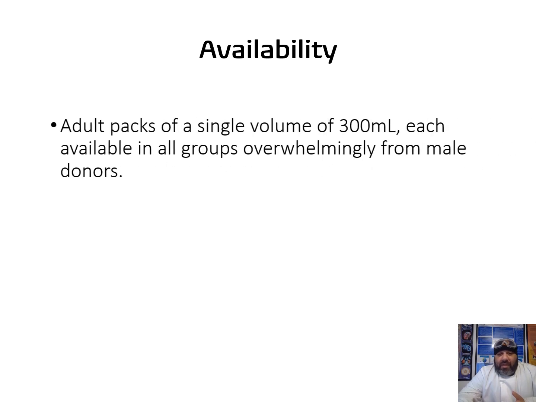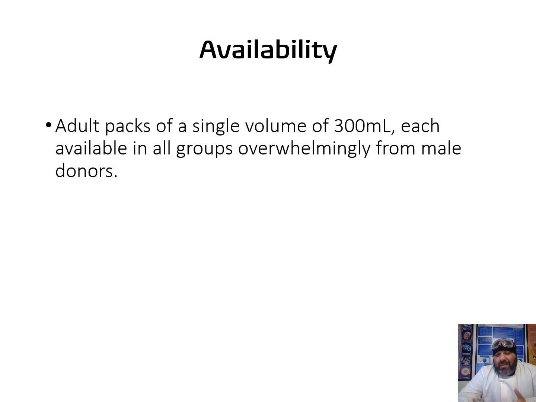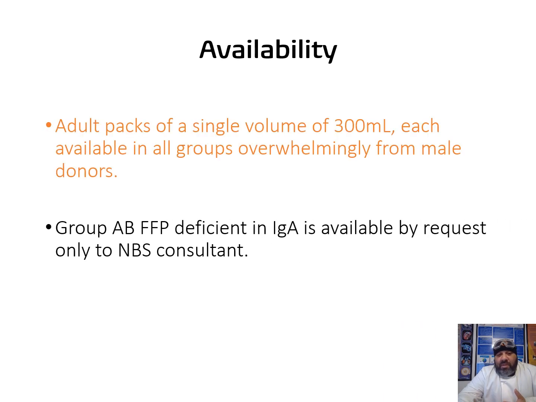In relation to fresh frozen plasma and its availability, adult packs of a single volume of 300 ml each are available in all typical ABO blood groups, overwhelmingly more so from male donors versus female donors.